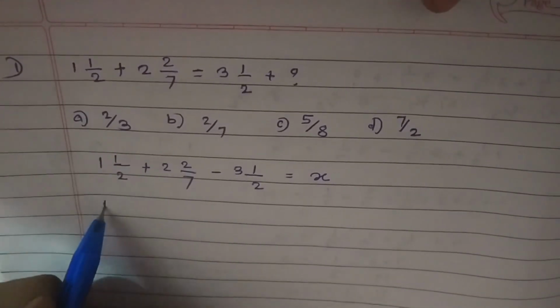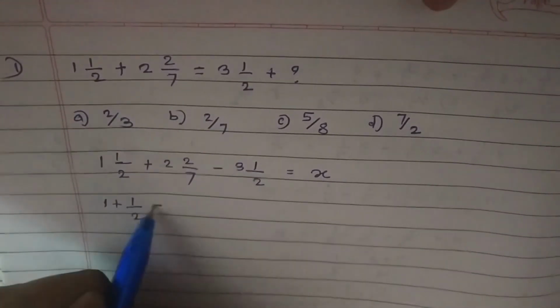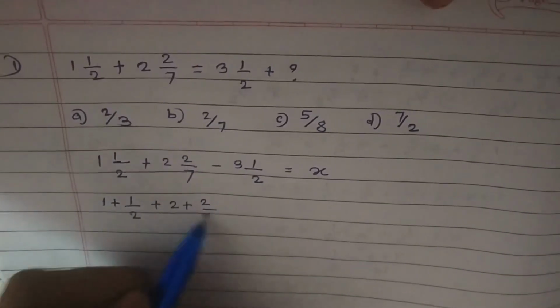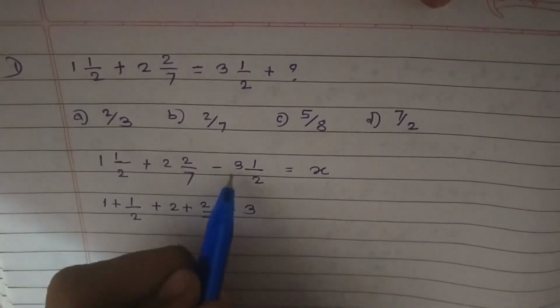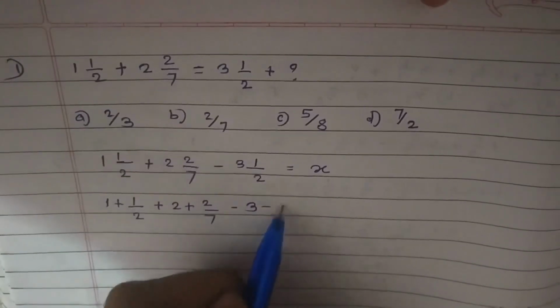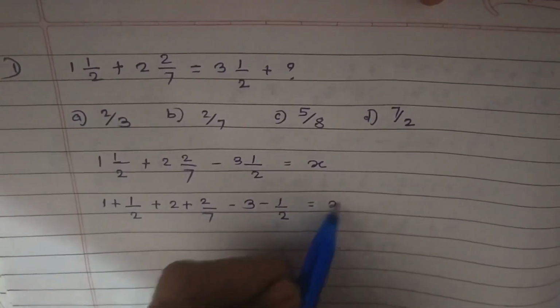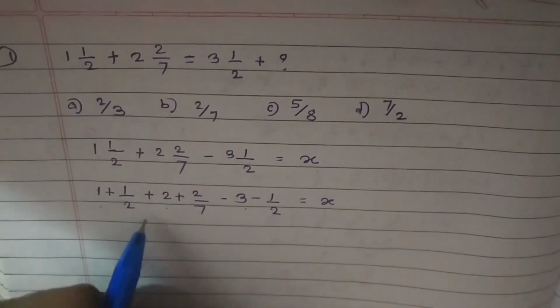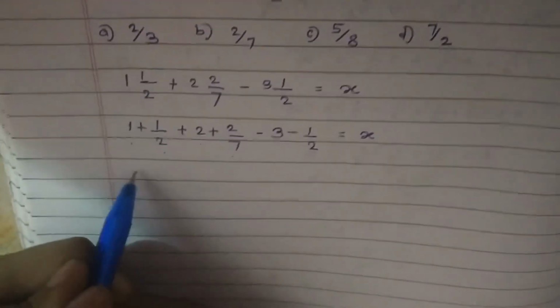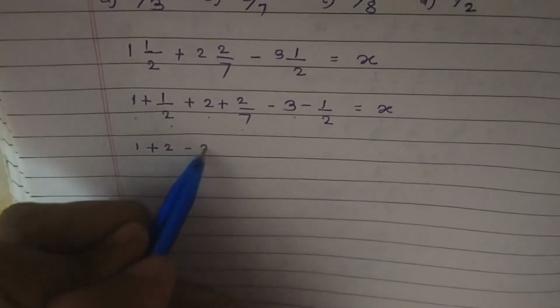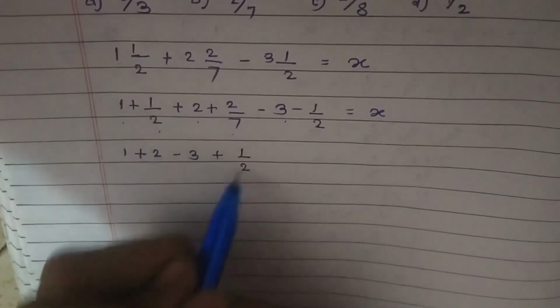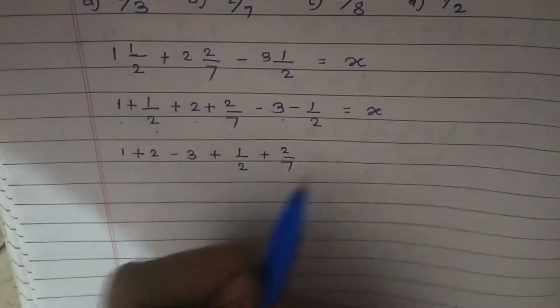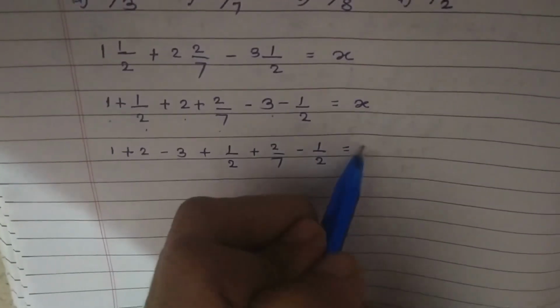It can be written as 1 plus 1 by 2 plus 2 by 7 minus 3, here is minus so here also becomes minus, which is equal to x. Now add the greater terms with greater and the smaller terms with smaller, we get 1 plus 2 minus 3 plus 1 by 2 plus 2 by 7 minus 1 by 2, which is equal to x.